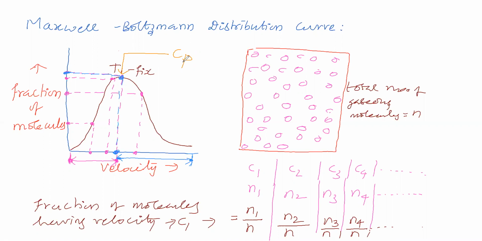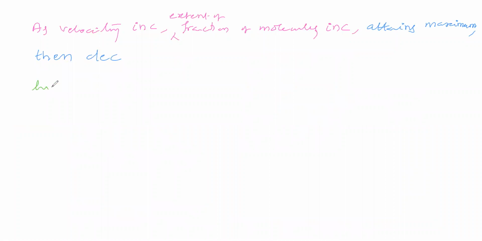We will take the higher velocity side and the lower velocity side now. This part is the higher velocity side. At the higher velocity side, what fraction of molecules do we see?